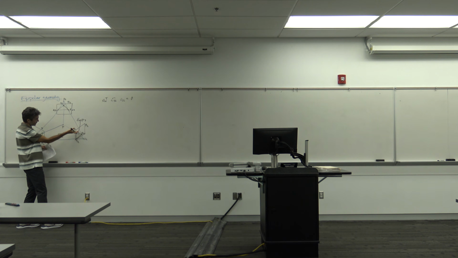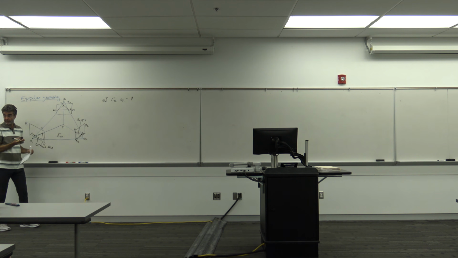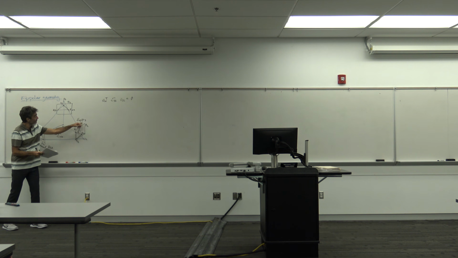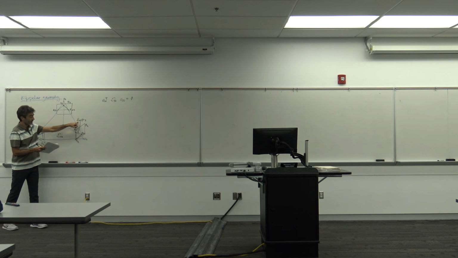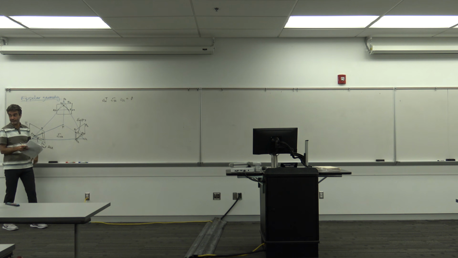Which is the essential matrix that relates this camera with this one, correct? So if I know the point P3 in that image, where was P3? Right here. If I know this point P3, and I know the essential matrix between these two cameras, then I can draw this epipolar line.